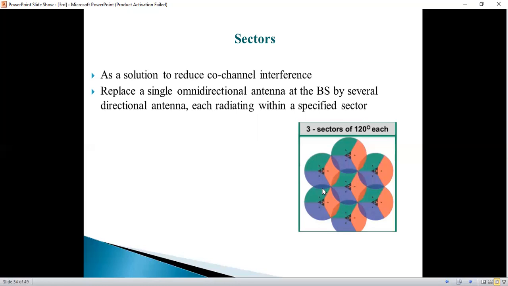Yes, you are correct. Before we had a single omnidirectional antenna; now we have directional antennas. Instead of one omnidirectional, we have 3 directional.